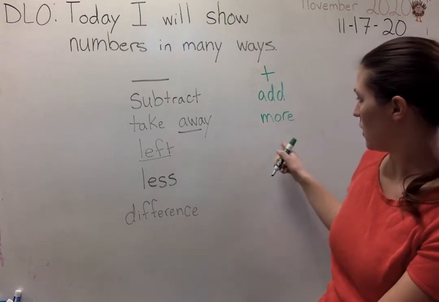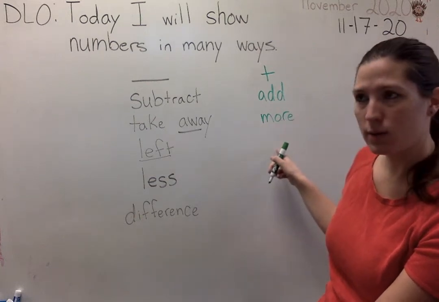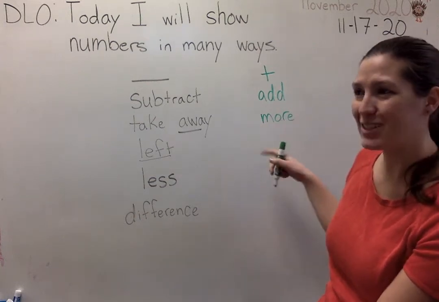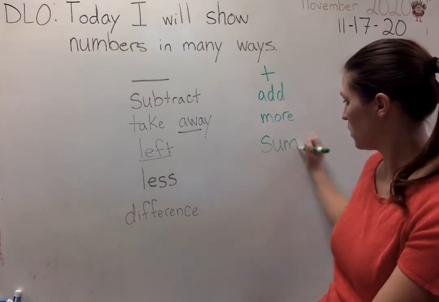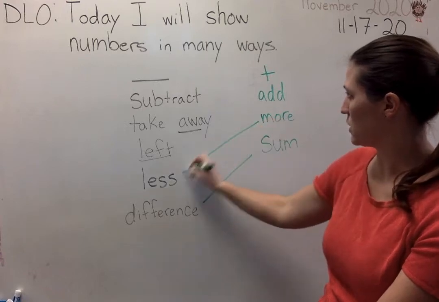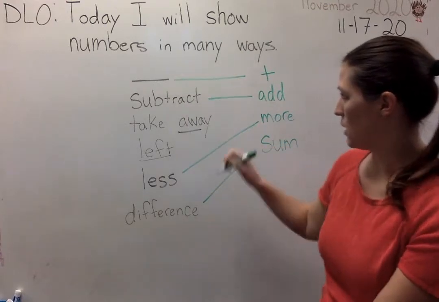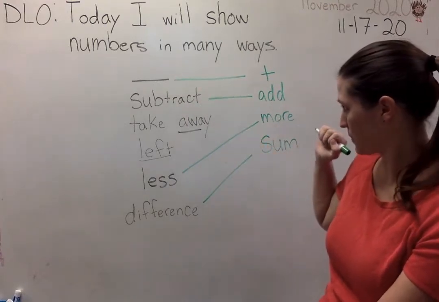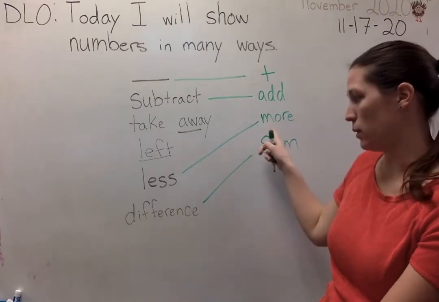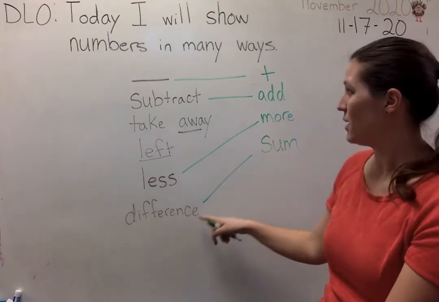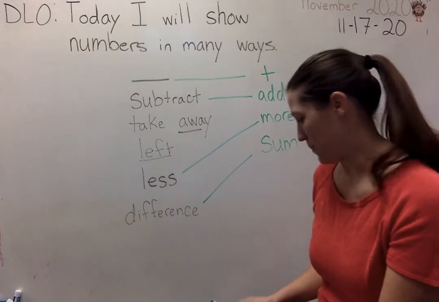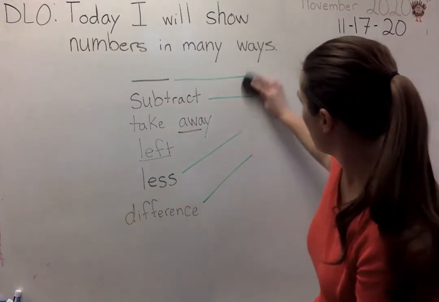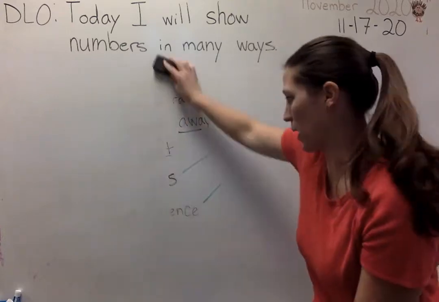And then the total when we add is called the sum. So there are the differences in adding and subtracting. They're opposite. More, less. Sum, difference. Add, subtract. Okay. Let's move on to some examples now. We'll practice those every day.